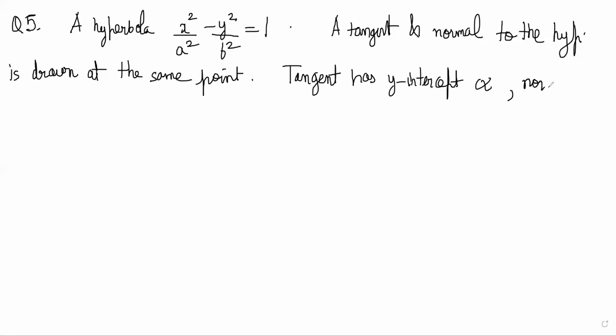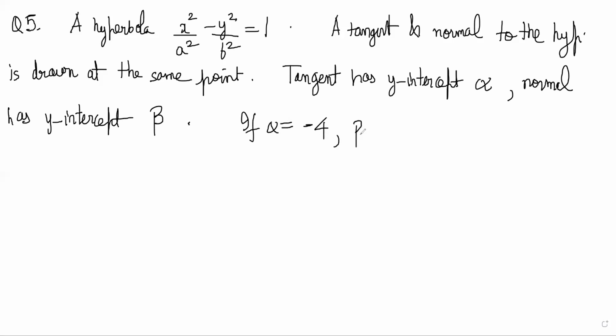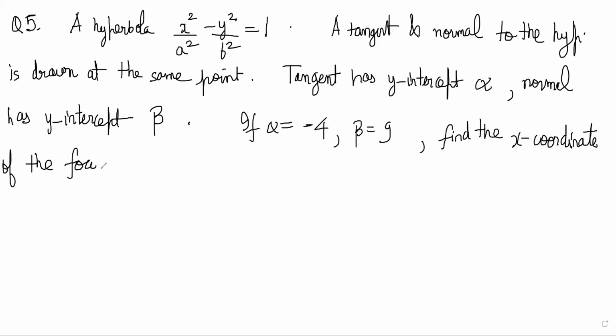The normal has y-intercept beta. If alpha is equal to -4 and beta is equal to 9, then find the x coordinate of the focus C of the hyperbola.